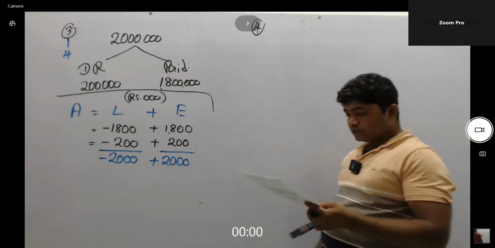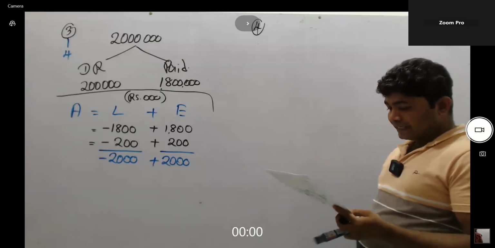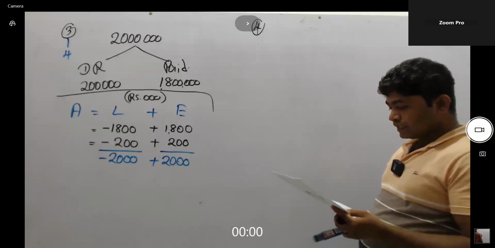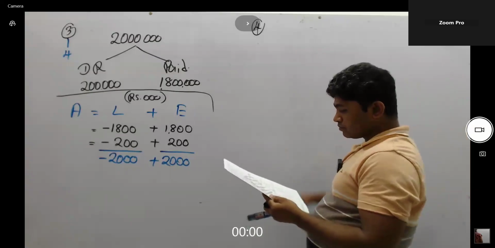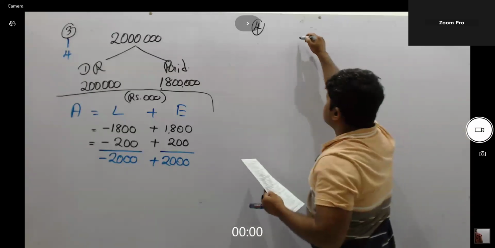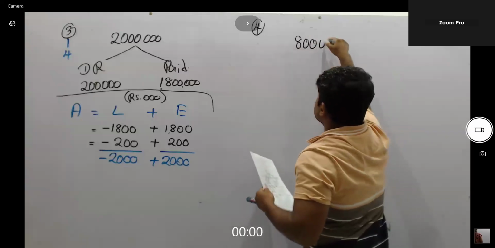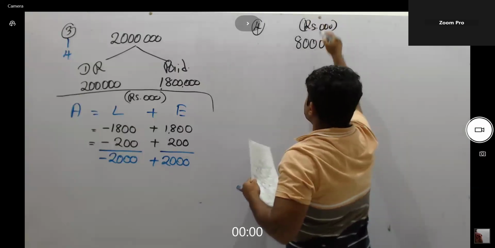Question four has the same information, only the numbers change. The balance 8 million payable to creditors of the business was settled by its owner out of his personal money. The creditor allowed a discount of 8,000, and this is the balance we are going to settle. Values are in thousands, 8 million.